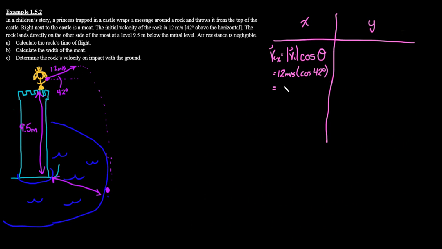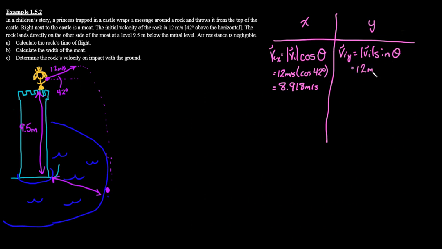And we get 8.918 meters per second. We do the same thing in the y direction. The only difference now is we take that initial velocity and multiply it by the sine of the angle to find that y component.